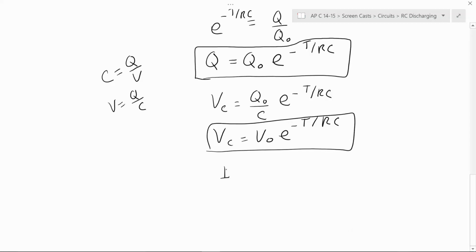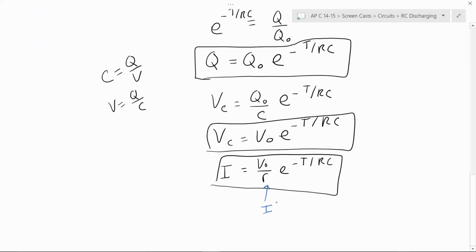So if you want to know the current, both into the capacitor and through the resistor, that is going to be just the potential over the resistance, which, by the way, is the same as I naught. So the current at any point decreases exponentially from the initial value, which is just the initial voltage of the capacitor divided by the resistor.